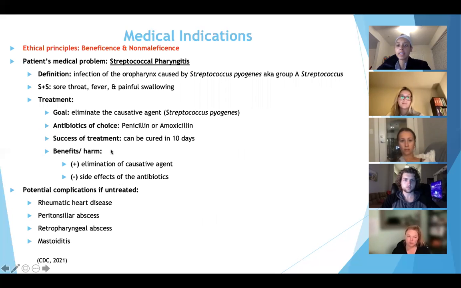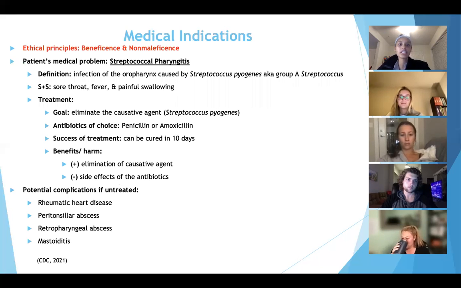Okay, so in the case, we're going to talk about the medical indications of what happened with Ying and her family. The ethical principles here at the top of the slide relate directly to medical indications. We found out in the story that Ying's primary problem was streptococcal pharyngitis, aka strep throat.